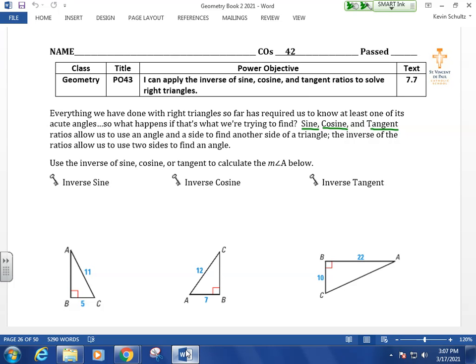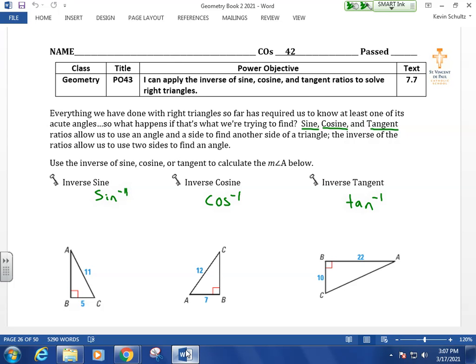Well, the same is true if you know two of the sides and you're wondering what the measures of the angles are. In this case, we are using the inverse of sine, which on your calculator is sine to the negative first power, the inverse of cosine, which is cosine to the negative first power, and the inverse of tangent, which is tangent to the negative first power.